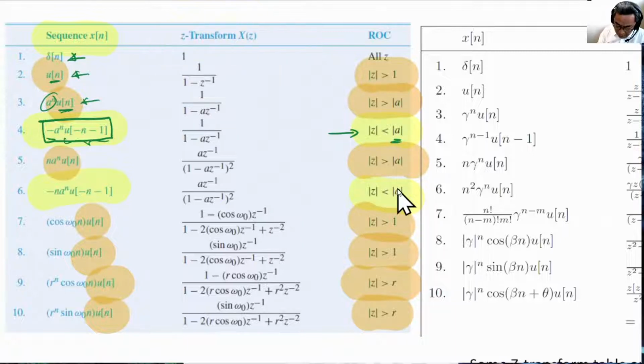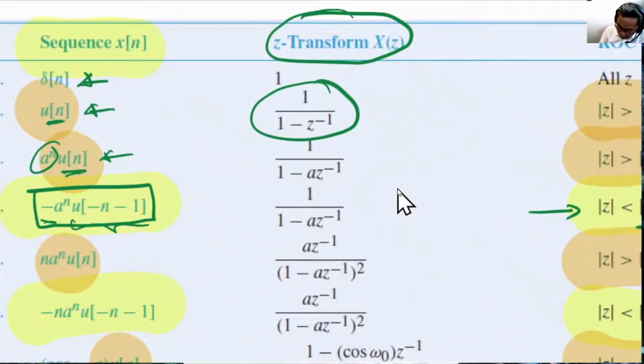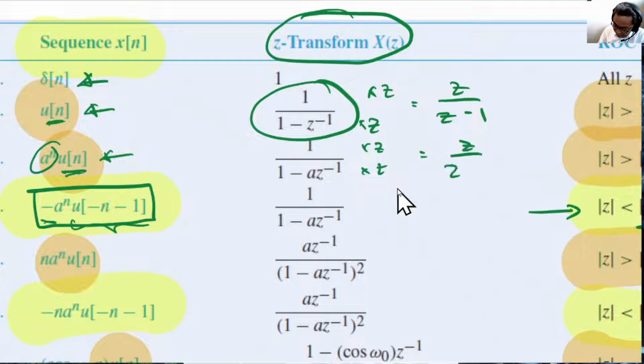The other thing to notice is that the Z-transform is sometimes expressed as 1 over 1 minus a z to the minus 1. This is a negative power of z. Let's multiply both top and bottom by z. This gives z over z minus a.